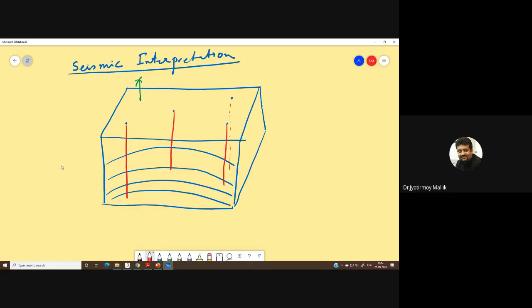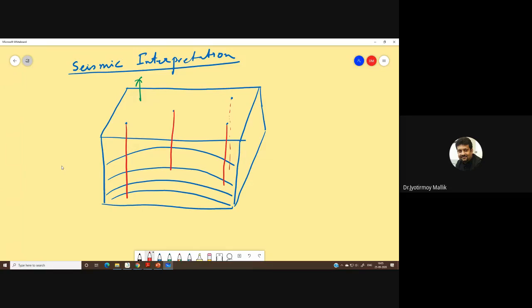We will not be able to know whether there is a structure developed, whether there are faults, how the sediment bed thicknesses are, and everything, because these wells will not provide us a very good three-dimensional picture of the reservoir.